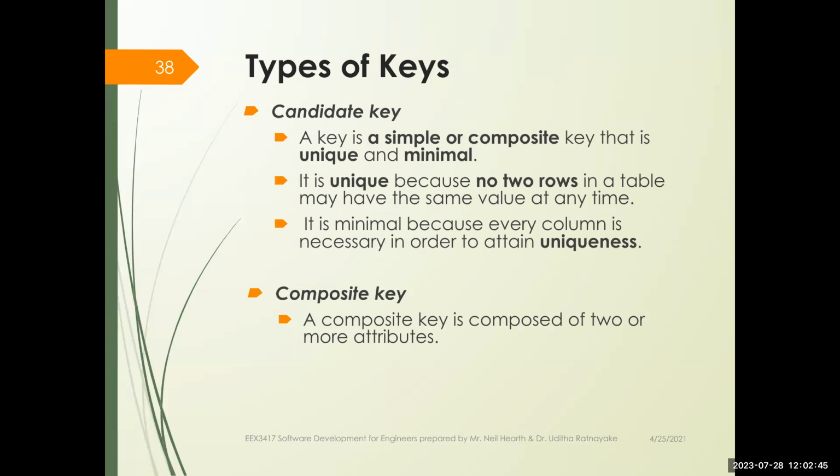A candidate key is an attribute that can be used as a key. So for a student, the name also can be used as a key, and the registration number also we can use as a key. But the best attribute is the registration number, so we take the best one.